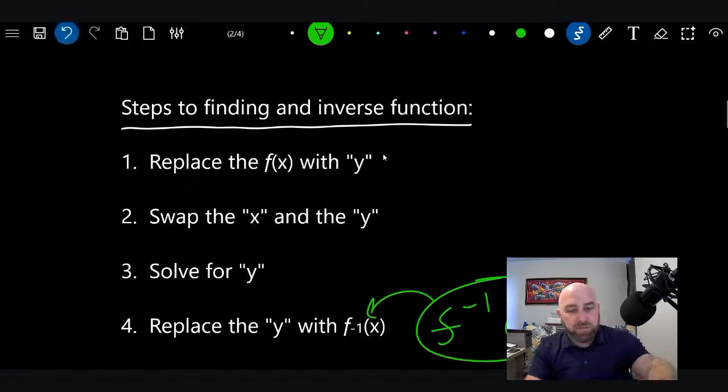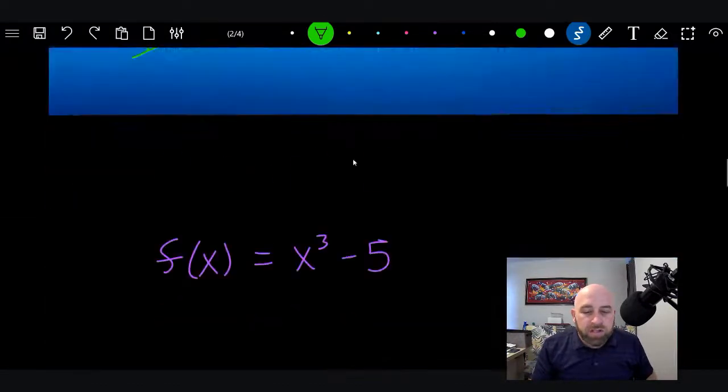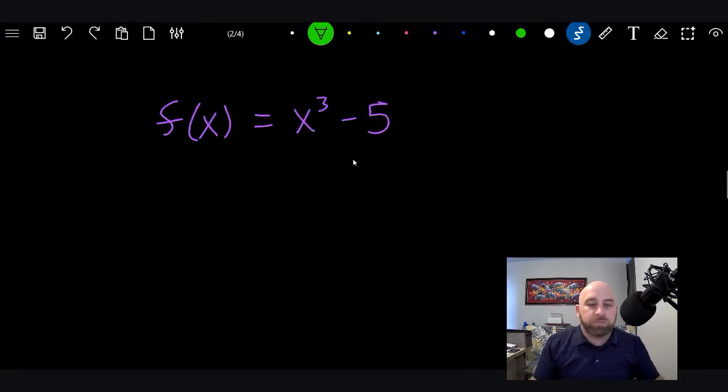That -1 didn't really work out well for me when I was typing it, but there it is. See, at the end, we substitute that back in. So do you need to substitute it? Do you need to put the y in? You do what you want to do, okay? Let's go ahead and move on to an example, and I'll show you what I mean by all this.